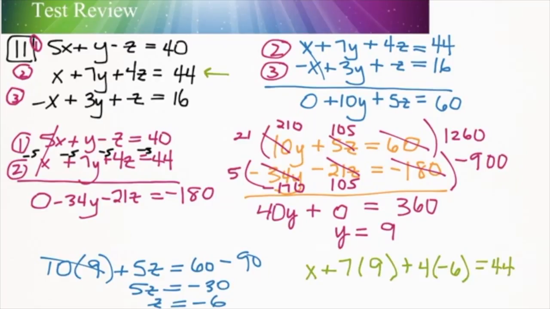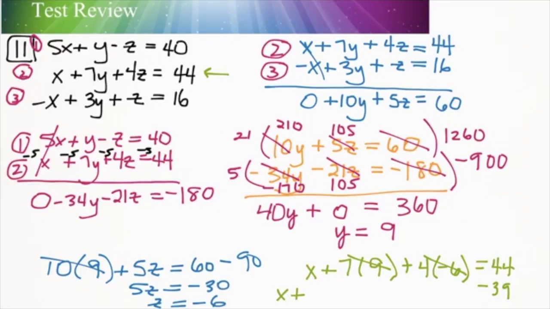So I've got x plus 7 times 9 plus 4 times negative 6 equals 44. So x plus 63 minus 24 equals 44. 63 minus 24 is 39.